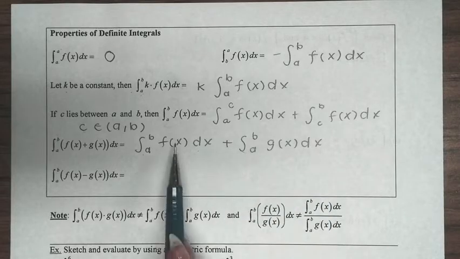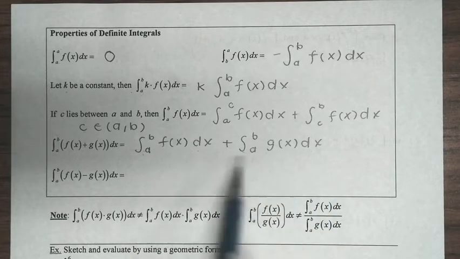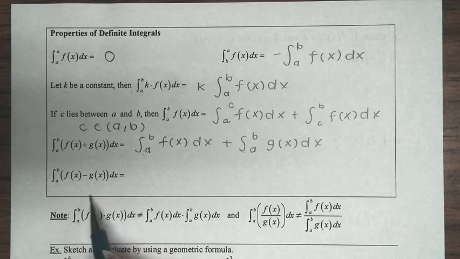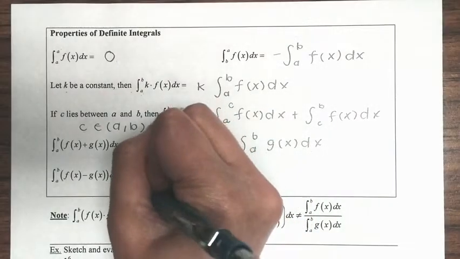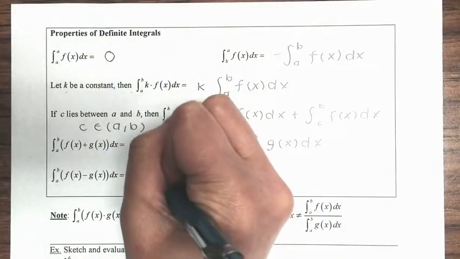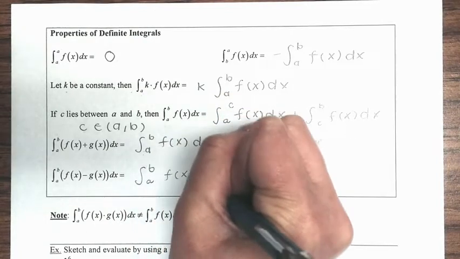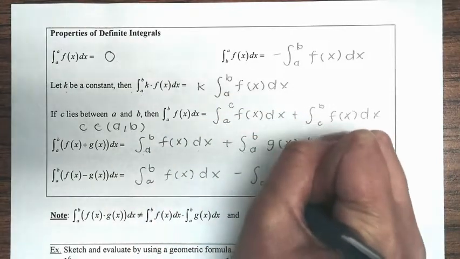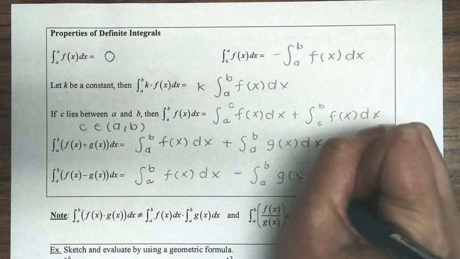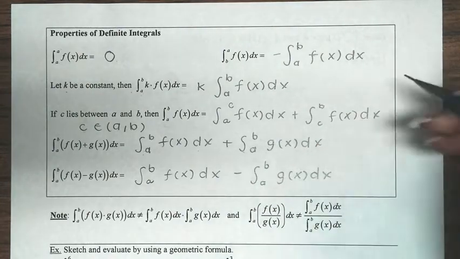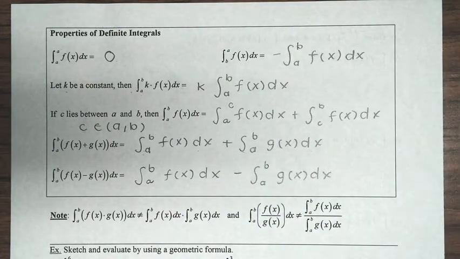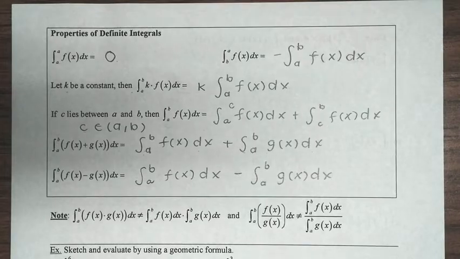That's why I have two integrals and two dx's. Similarly, here we have the difference: the integral from a to b of f of x dx minus the integral from a to b of g of x dx. So these are the properties that we're going to be using for definite integrals.